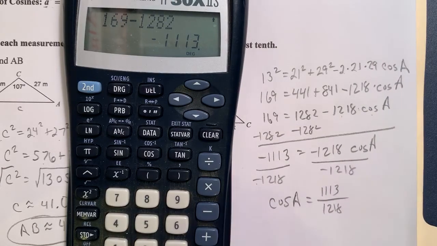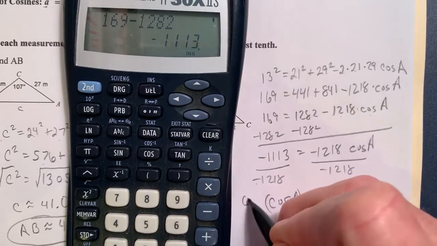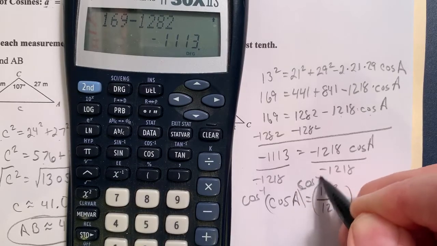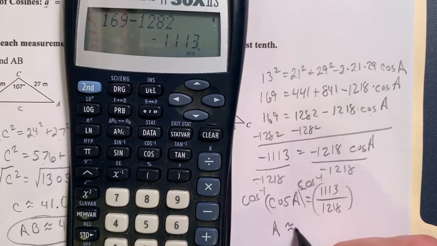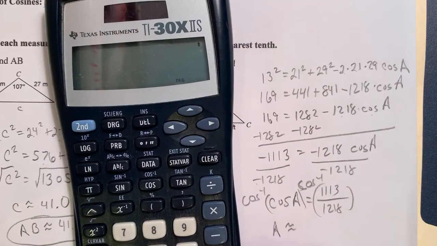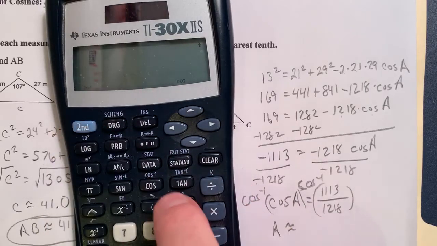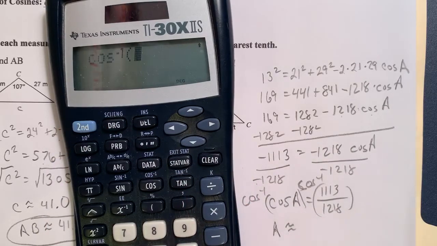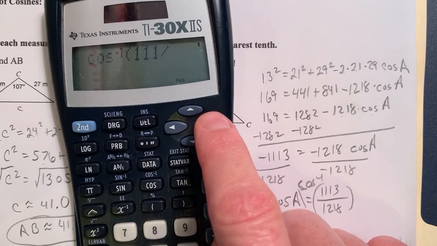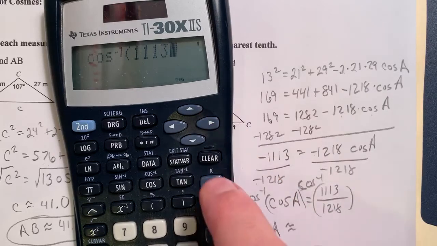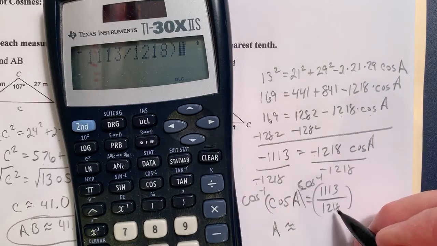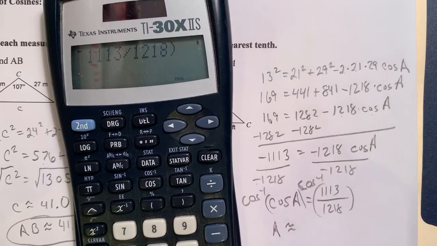I got to get A all by itself. So at this point, I'm going to do cosine inverse of both sides. So A is about, because once I type this in, it's going to be rounded. So all right, so cosine inverse. All right, so make sure I type that in right.